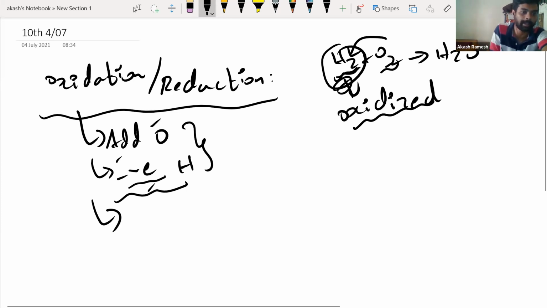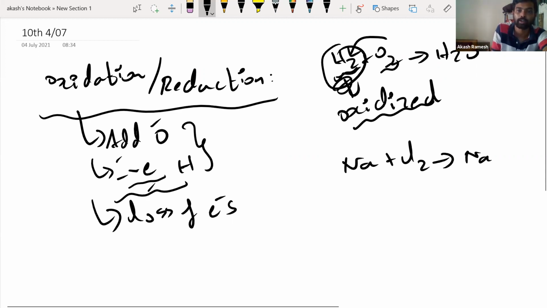But I can even speak in terms of electrons, people. You must have known that in a chemical reaction, electron loss happens, electron gain happens, all this stuff also happens. So I can say that in case of oxidation, it is loss of electrons. For example, sodium reacts with chlorine to form NaCl.